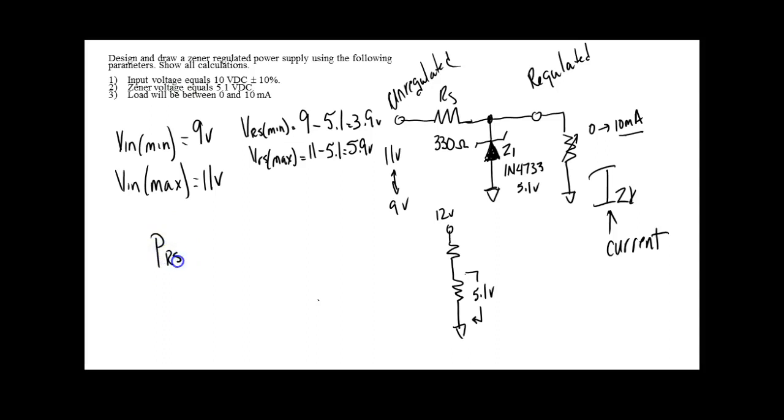PRS max, because that's when it would get the hottest. 5.9 squared over 330.